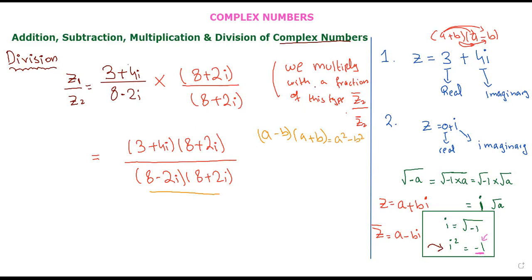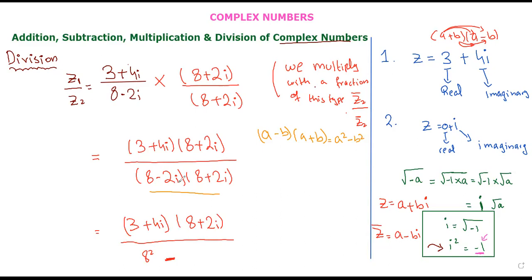Let's keep the numerator same for now and expand it later, since we know how to multiply. In the denominator, 8 is a, so 8 square minus, and then what is b? B is 2 iota.